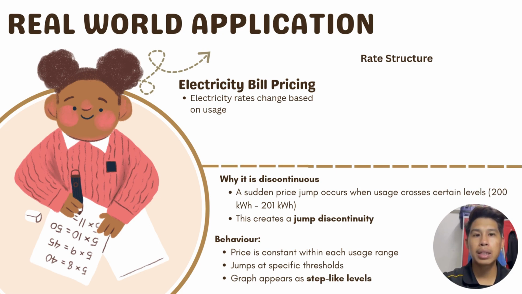A sudden price jump occurs when usage crosses a certain level. This creates a jump discontinuity. The behavior is: price is consistent within each usage range, jumps at specific thresholds, and the graph appears as step-like levels.